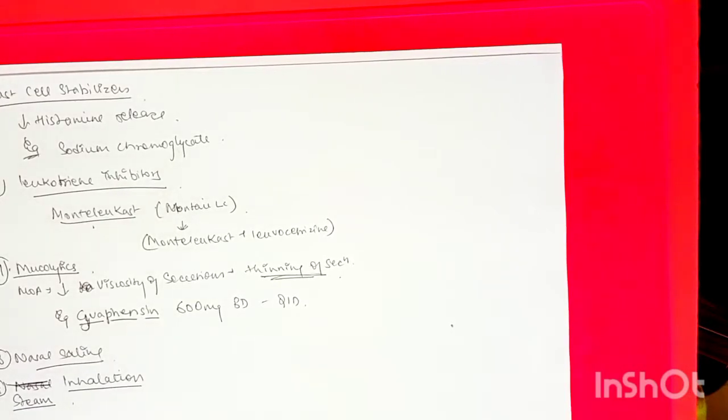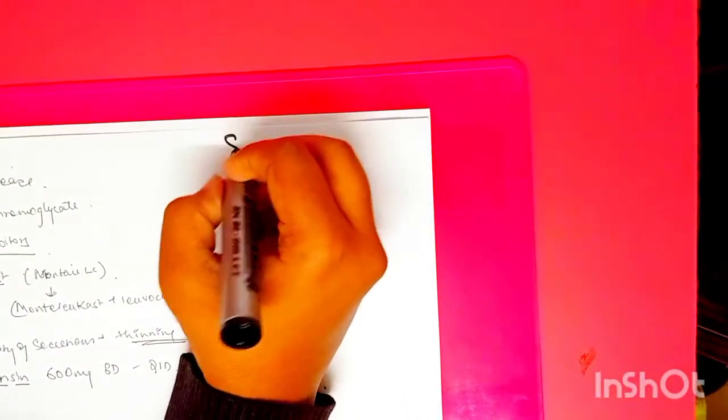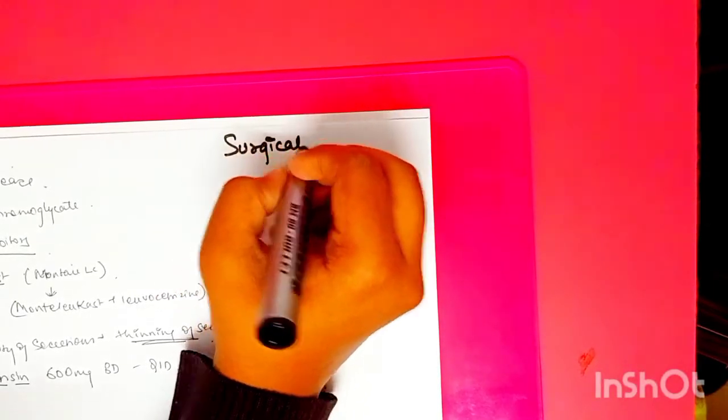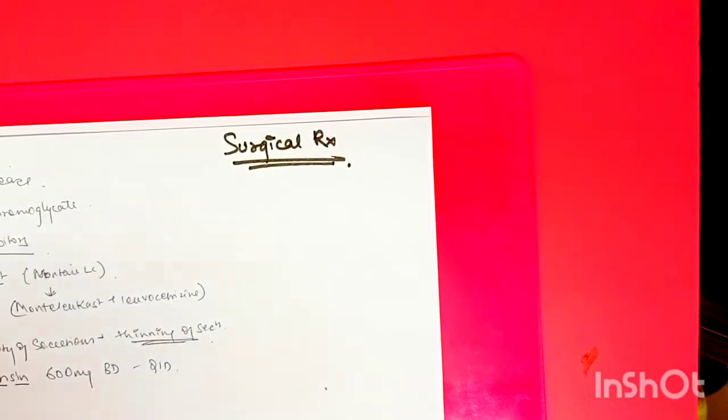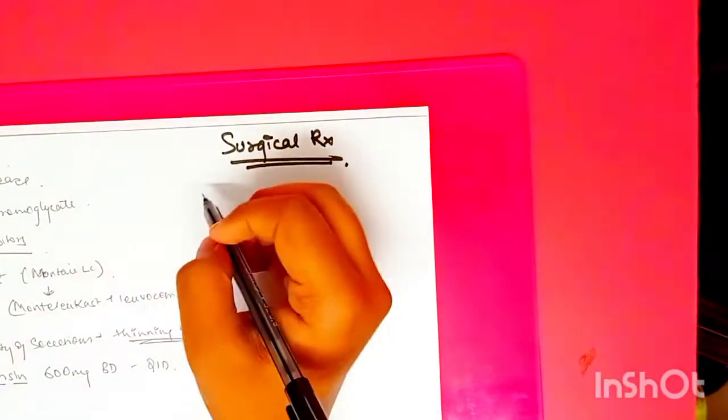Now, once we have discussed this, what is the indication of surgical correction? Why is that we might need a surgical treatment? So we require it when there is a failure of the medical treatment.